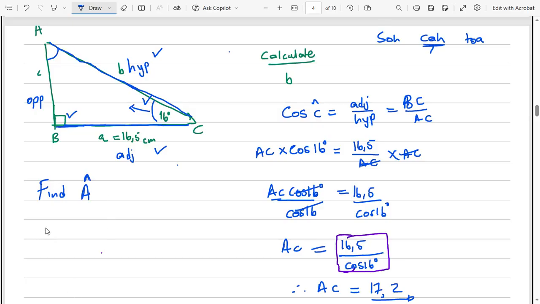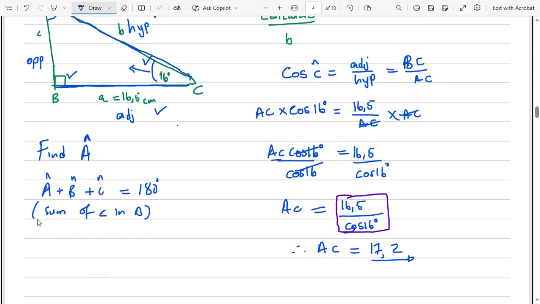When we add angle A with angle B with angle C, we should get 180. The reason will be sum of angles in a triangle. So angle A is what you are looking for. You add angle B, which is 90, then you add 16, which is angle C, and this is 180.